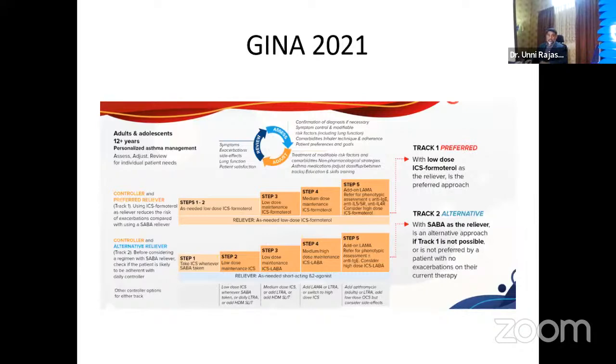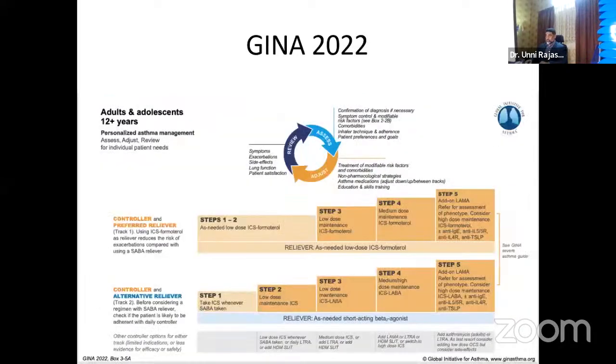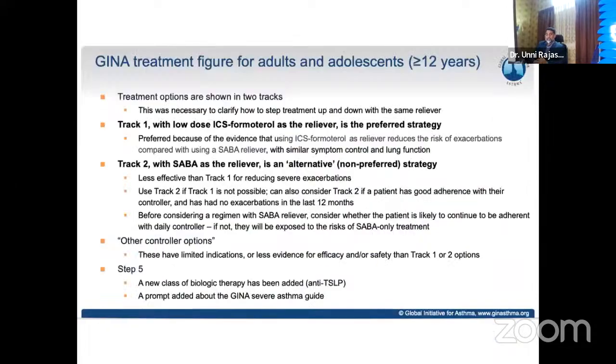If you look at GINA 2021 and 2022, there has been a description of the use of a specific molecule called anti-TSLP, a biological agent which has been recommended for severe asthma management. I'll come to that in the biologics session in a short while. Track 1, the ICS-formoterol, is the preferred approach because of the reduced risk of exacerbation compared with the SABA reliever, with similar symptom control and lung function.